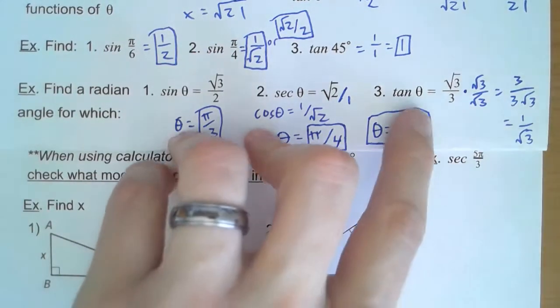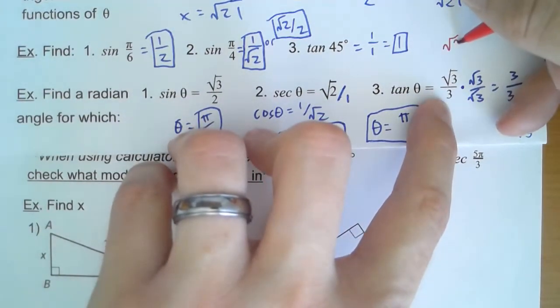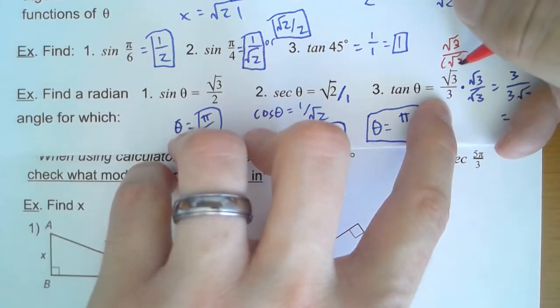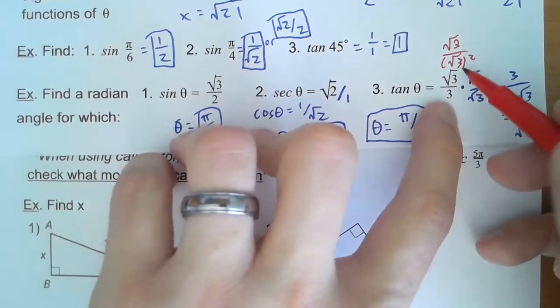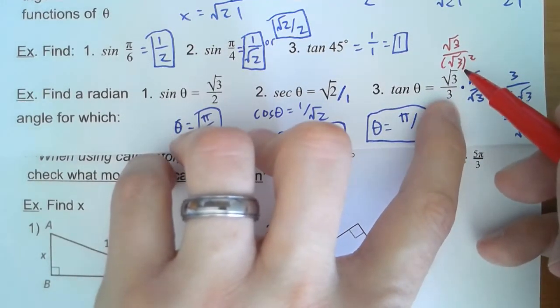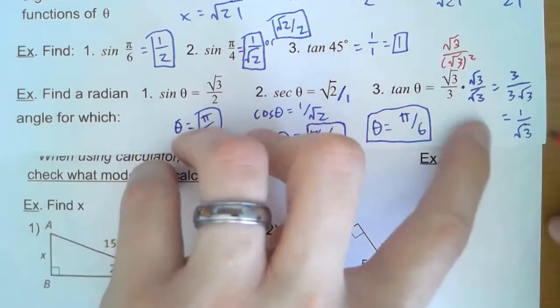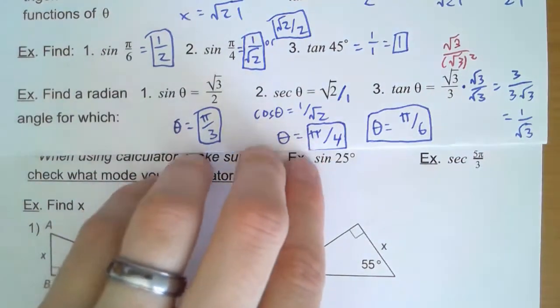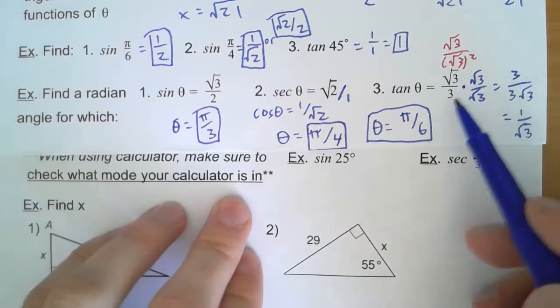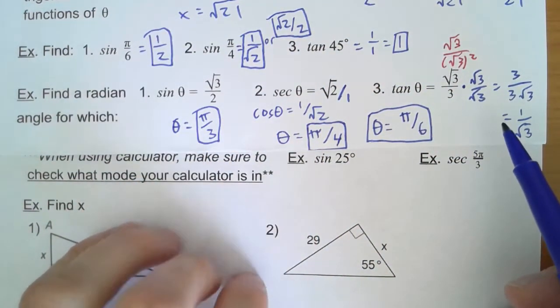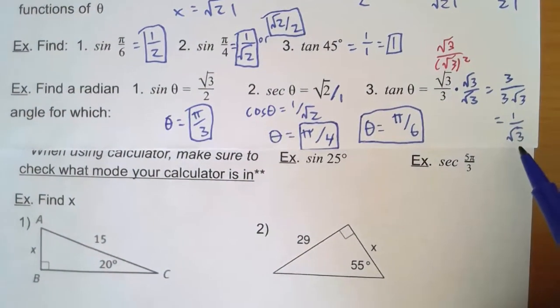I mean, you could also picture this as root 3 over root 3 squared. 3 is the same thing as root 3 squared, right? And so if you think of that, you could have some of the root 3's canceling out, and that would get you to the 1 over root 3. But that's the key. You've got to kind of unrationalize the denominator.